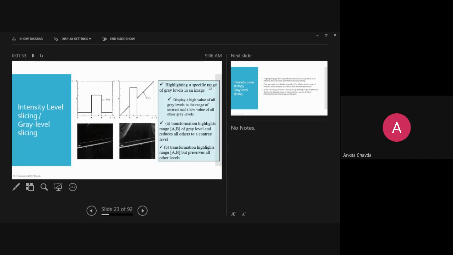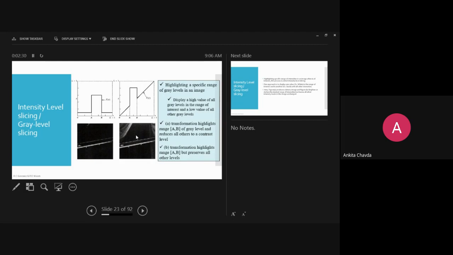Highlighting a specific range of gray levels in an image. This is the image of a bridge, where there is a car on the bridge, but it is not so clear. So we are doing this intensity slicing, where all the other colors will remain as they are, but if this particular intensity is there, then we are going to change it. Display the high value for all the gray levels in the range of interest and a low value for all the other gray levels.